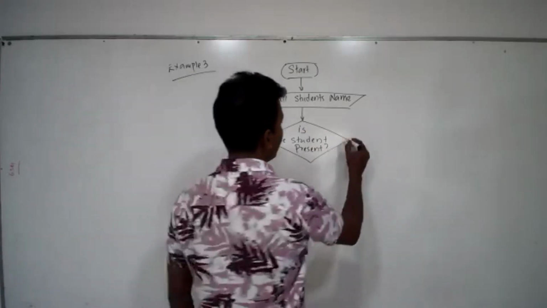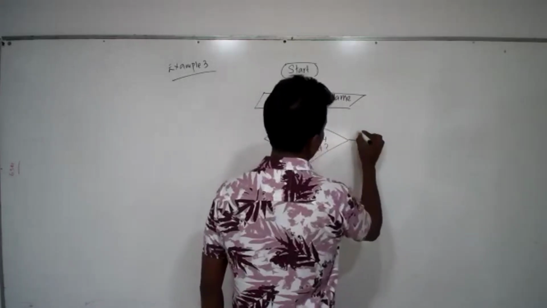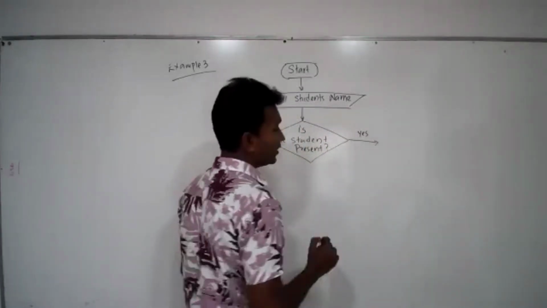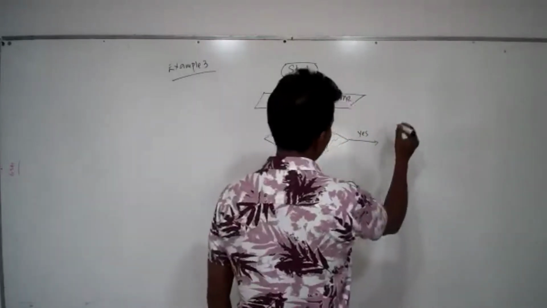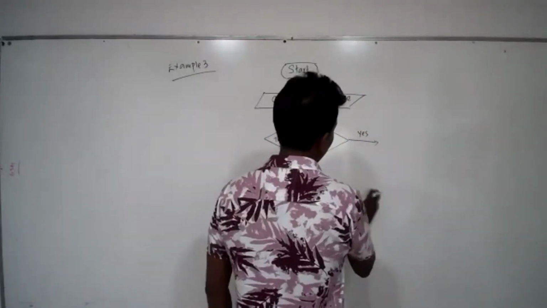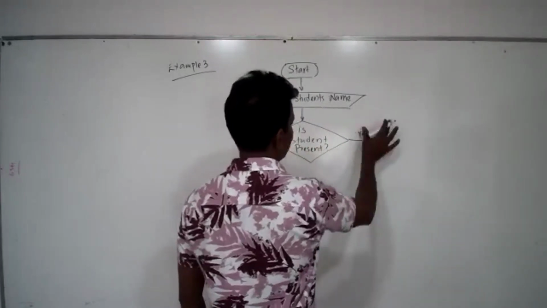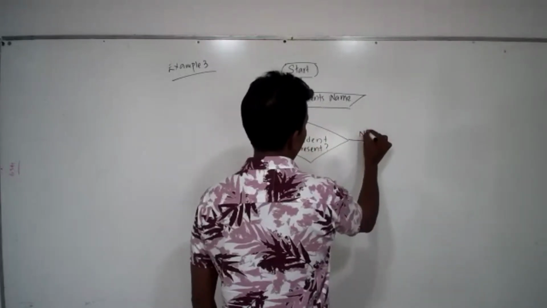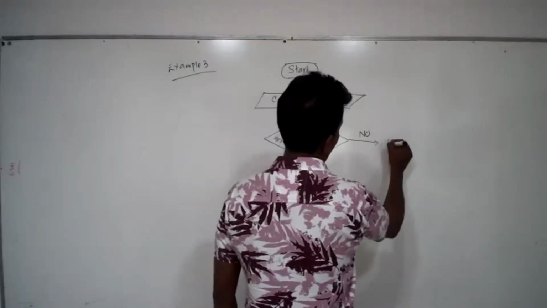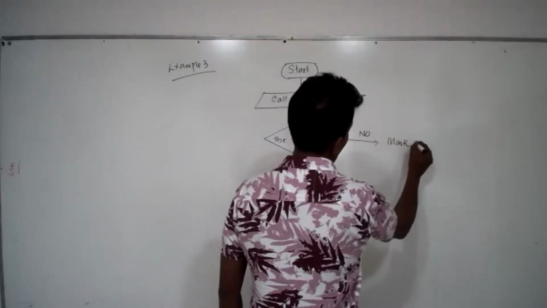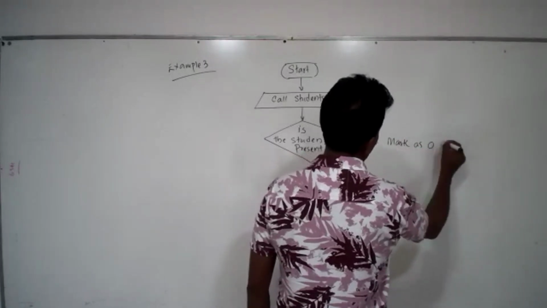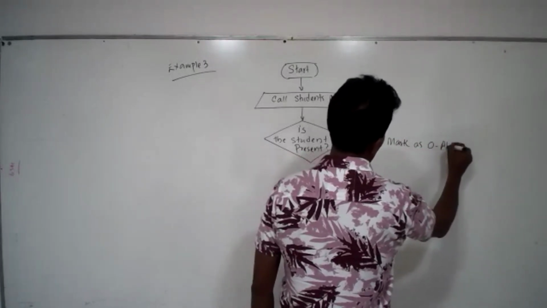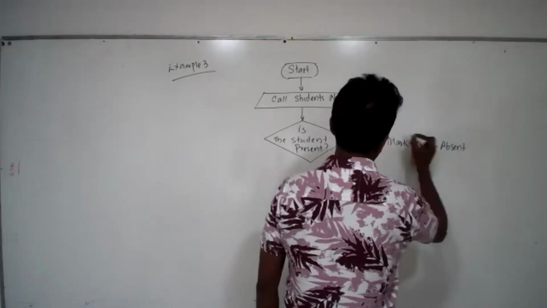If he is available, what do we do? Let's say if it is no, we mark as 0. That means absent.